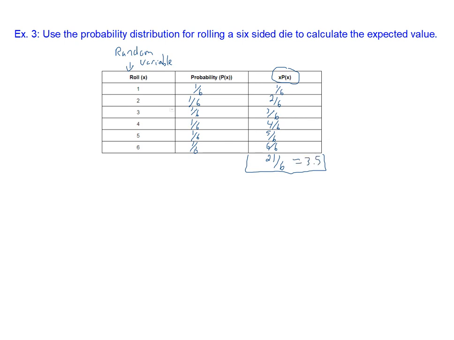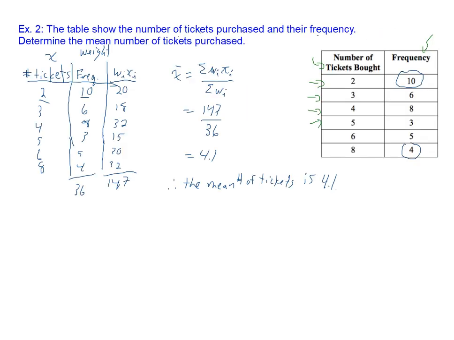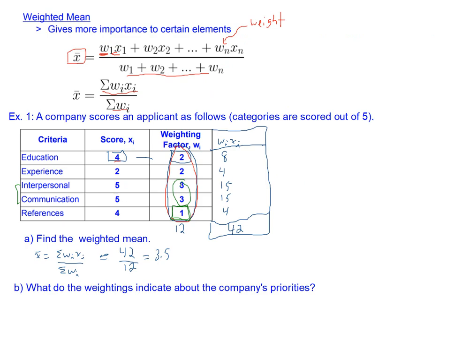So you might be wondering, what does the expected value have to do with the weighted mean? And I think if you look at this table and you compare it to the table on the previous example, you can see that in both of these cases we had some value that we multiplied by some other value, the weightings in these cases, and then we added that column up.